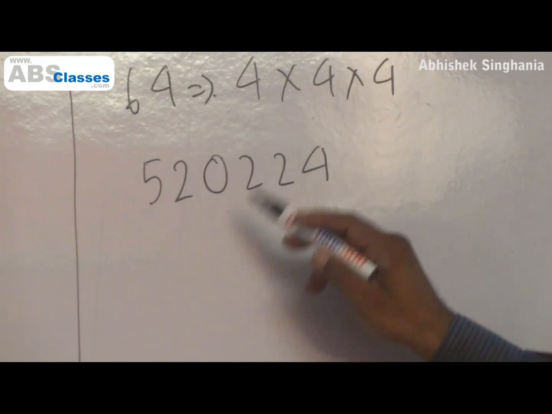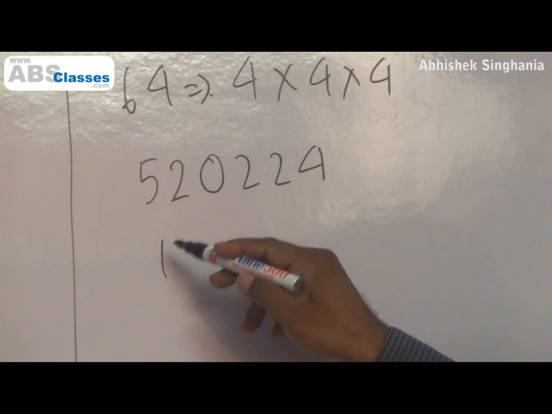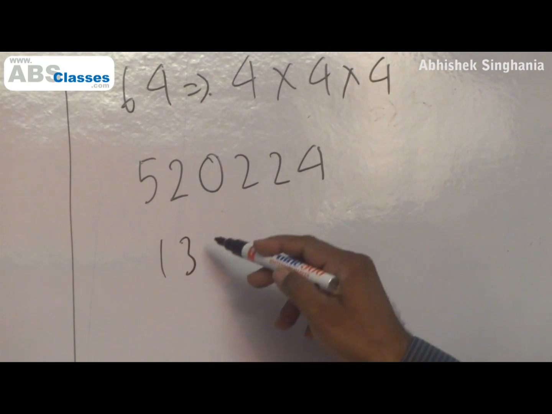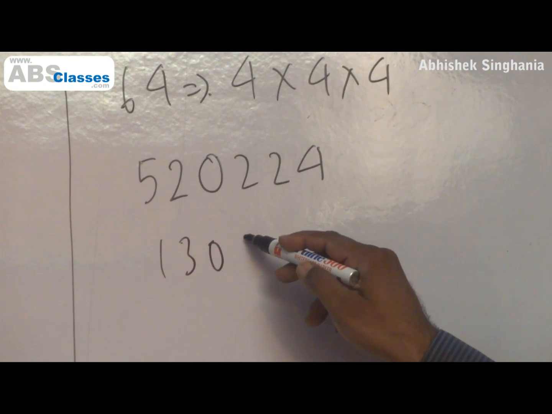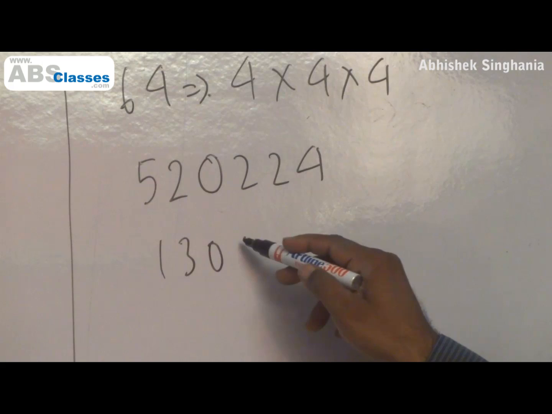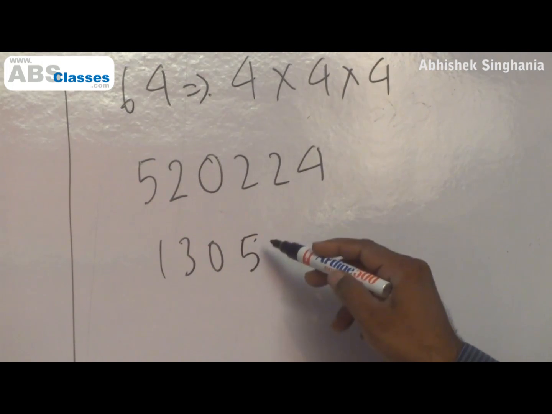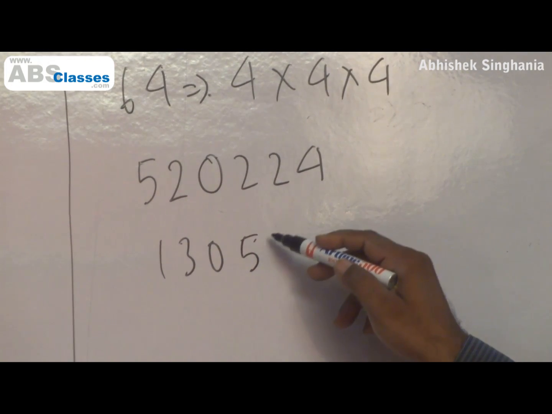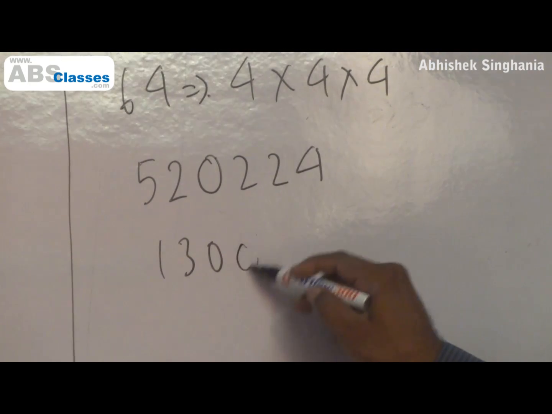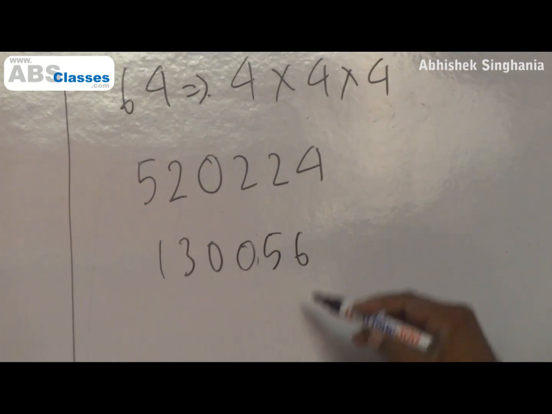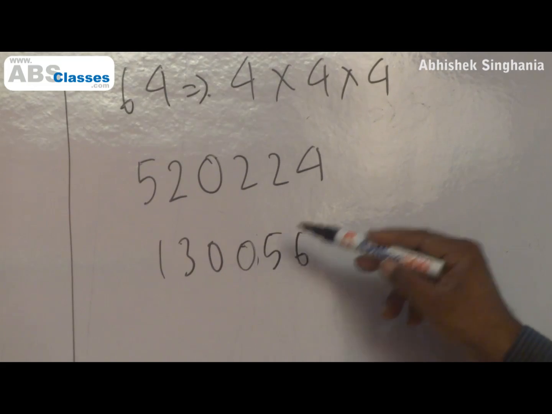I need to check divisibility by 64. So let's divide it by 4. So what do we get? 130056.